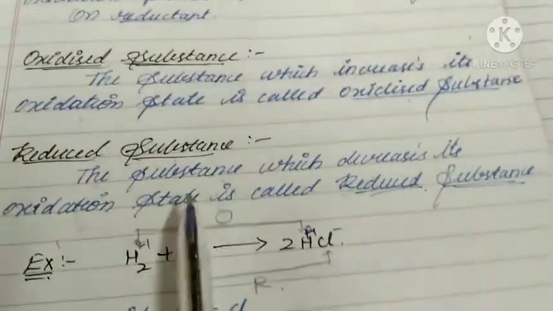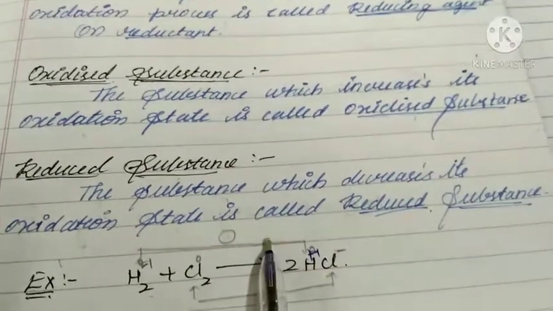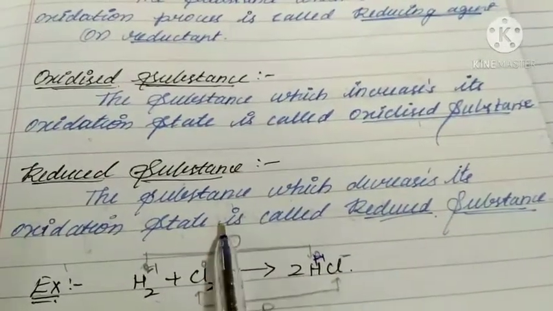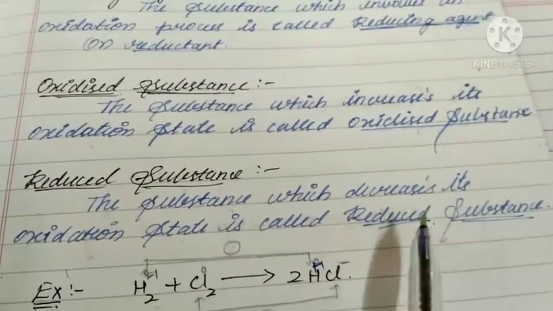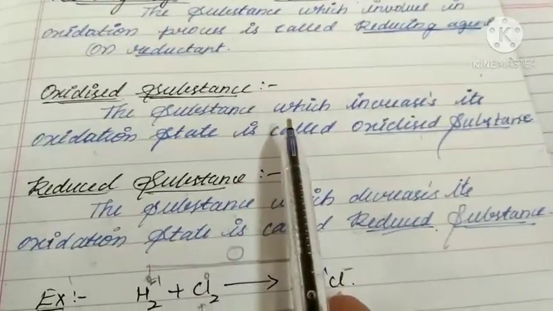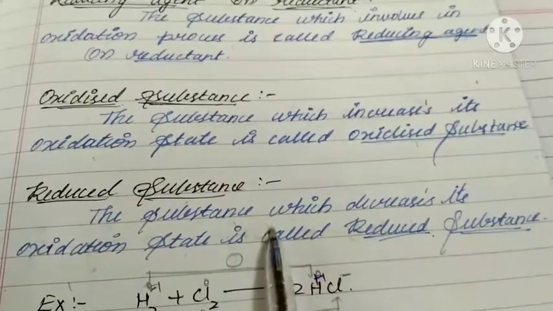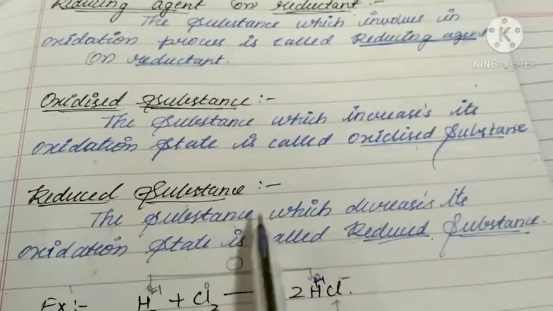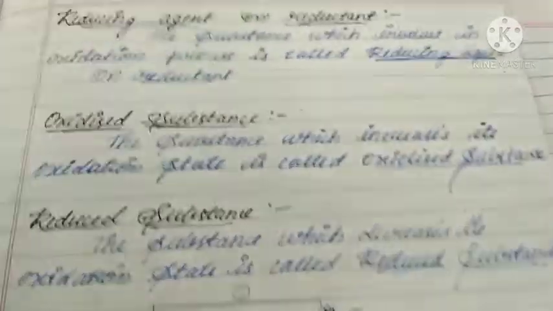Then what about the reduced substance? The substance which decreases its oxidation state is called the reduced substance. If a substance increases its oxidation state, that is called oxidized. If it decreases its oxidation state, that is called the reduced substance.